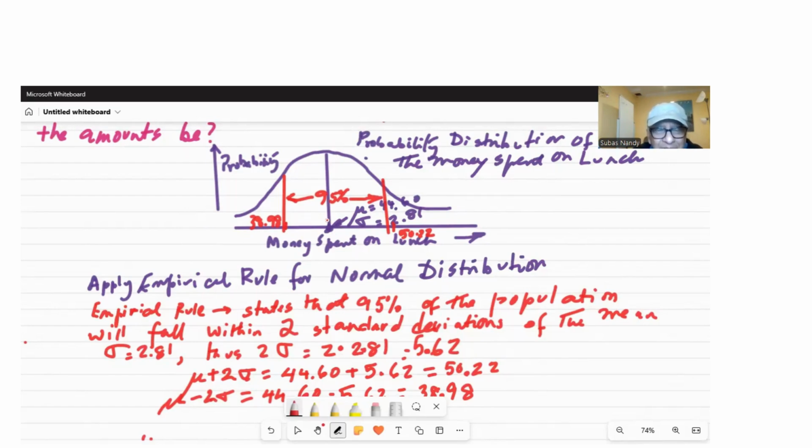That means the area under the normal curve between 38.98 and 50.22 is 95%.